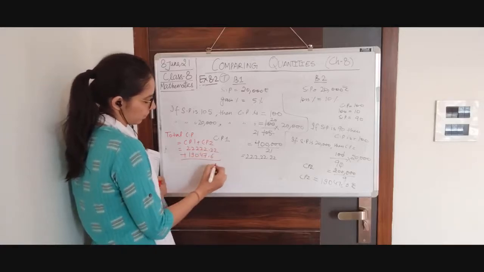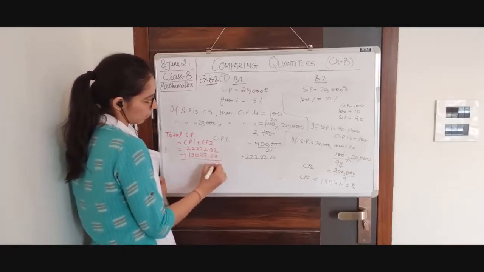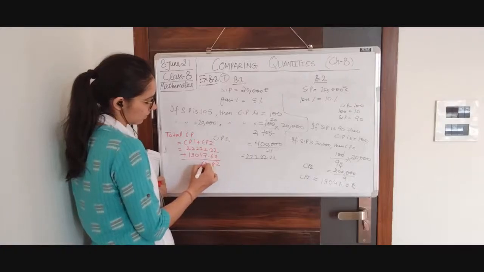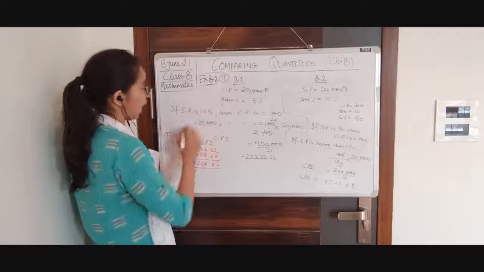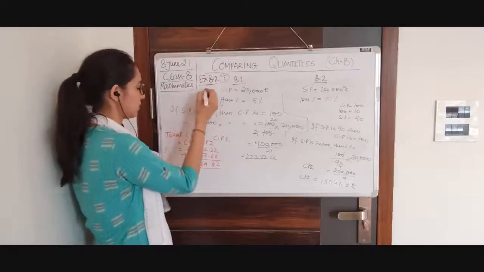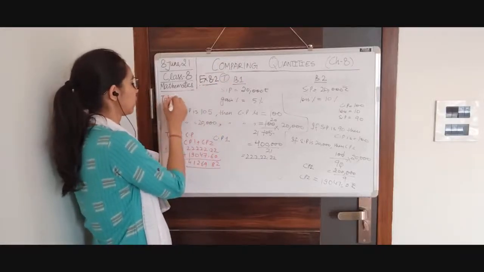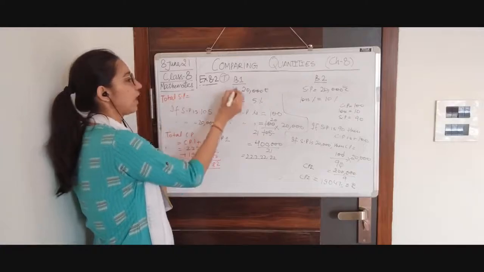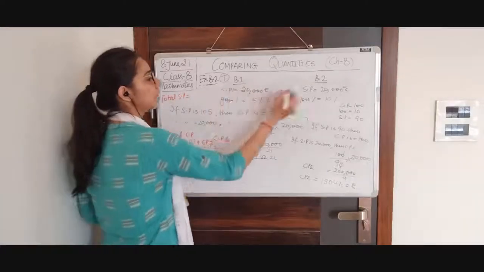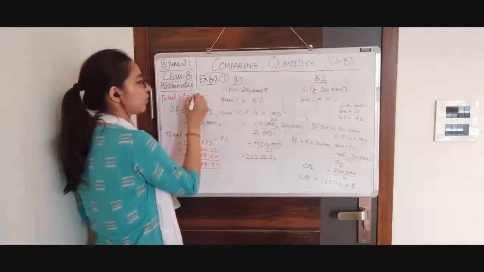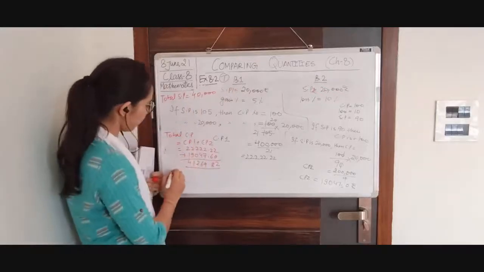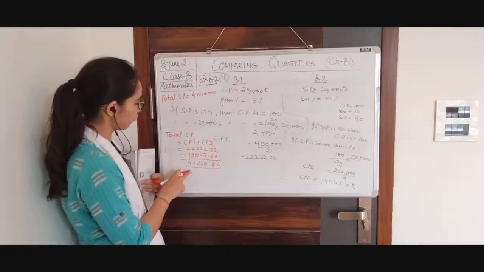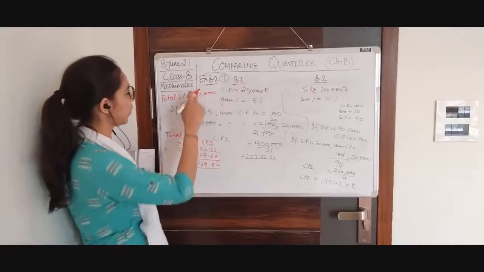It will be 28,962.11.4, this much. And your total selling price, total SP is SP1 plus SP2, that is 20,000 plus 20,000, 40,000. Okay. So your CP was this much and your SP was this.